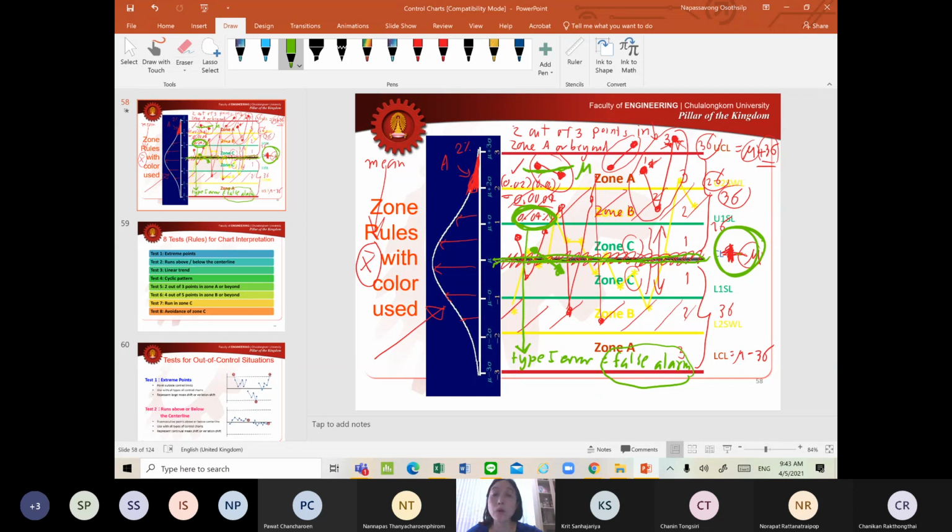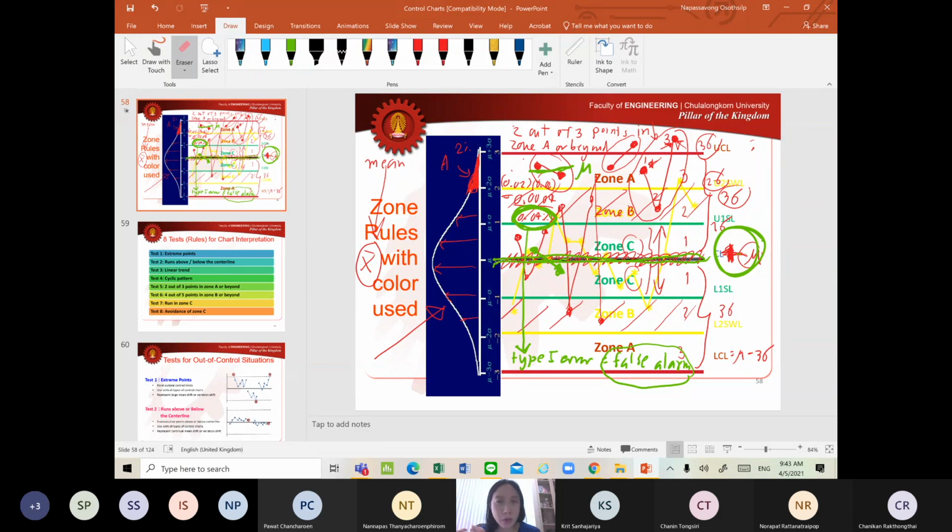How do we use the rules? This is called rule number 5, 2 out of 3 in zone A or beyond. And rule number 6, you have 4 out of 5 points in zone B. It uses the same concept, but now you require 4 points in zone B or beyond.